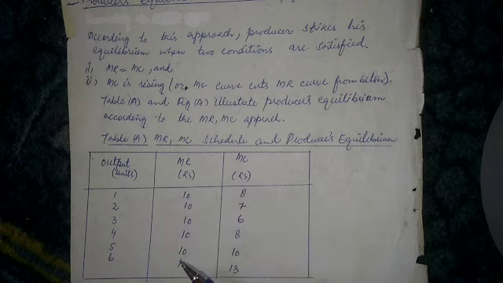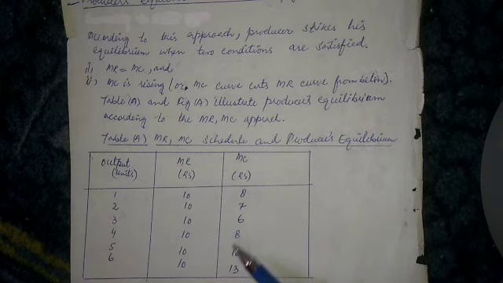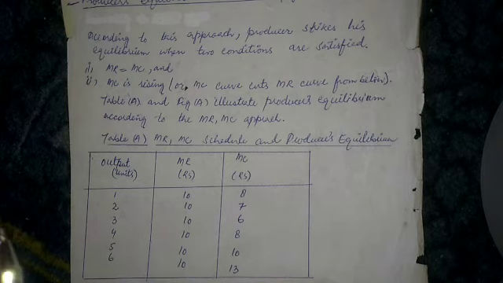That means marginal revenue is equal to marginal cost, and also the marginal cost is rising. Before it was 8, now it's 10, right? MR is equal to MC, and MC is rising. These are the two conditions of equilibrium. So this table shows that the two conditions are satisfied only when 5 units of output are produced.